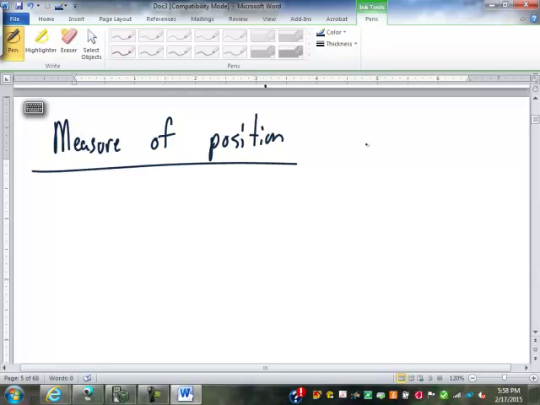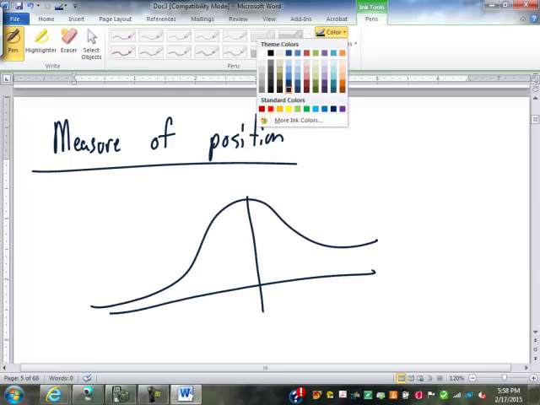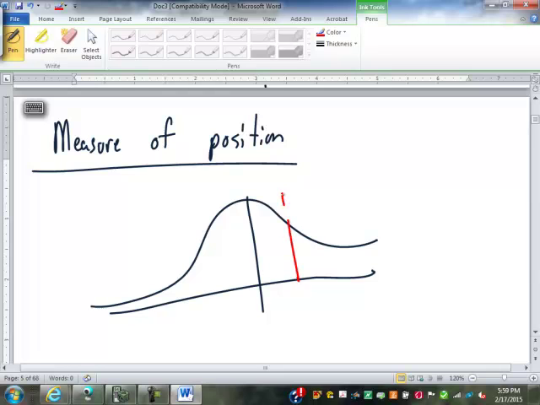If you have a z-score of a positive 1, pretend that looks like a bell curve, that's telling you you're somewhere up here in the distribution. If it's a negative 2, that's telling you you're somewhere down here. It's giving you an idea of your position within the distribution.